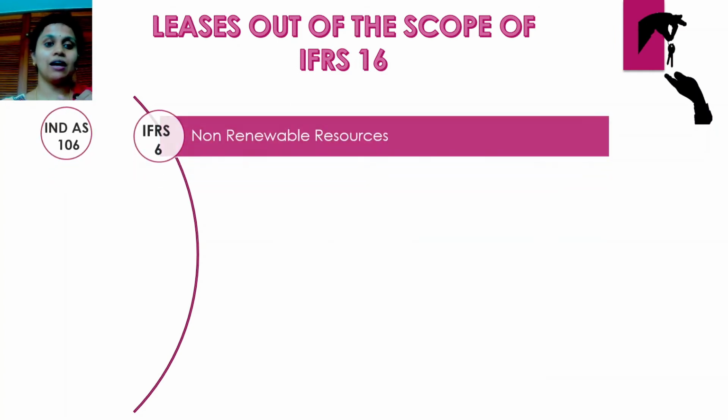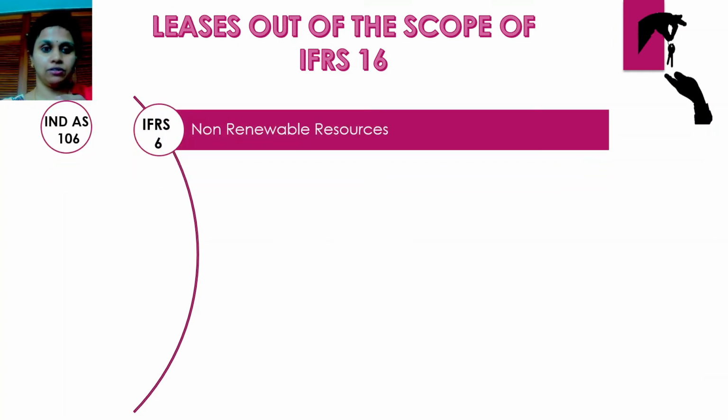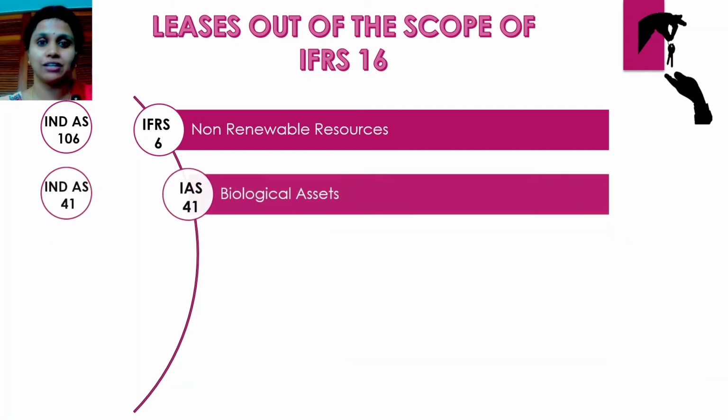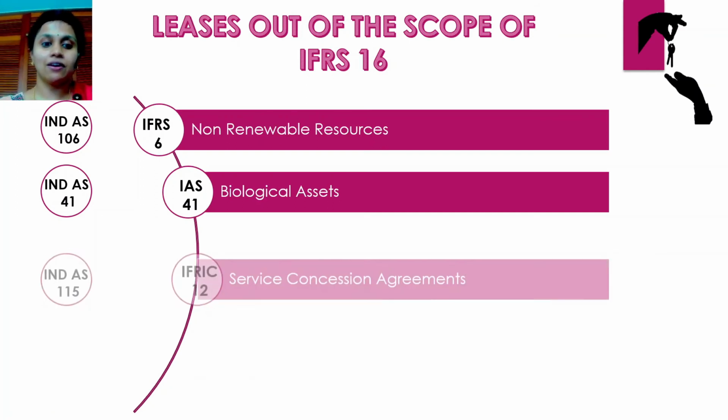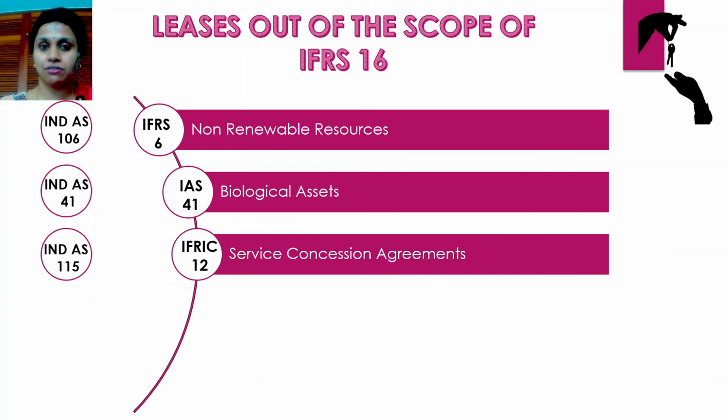So, the first one are non renewable resources. These are assets that are used in the exploration or use of non renewable resources like minerals, oils, natural gas, etc. The second one are biological assets. These are assets like livestock or plants that are related to agricultural activity. The third one are service concession agreements.